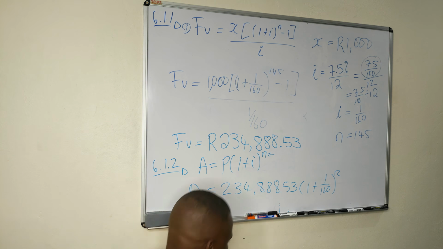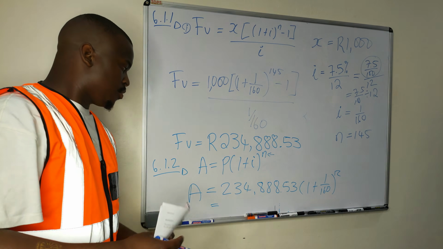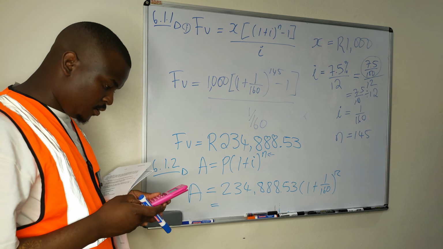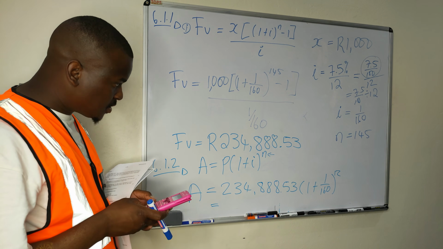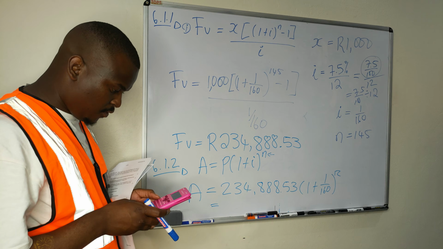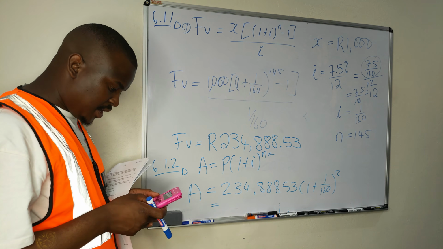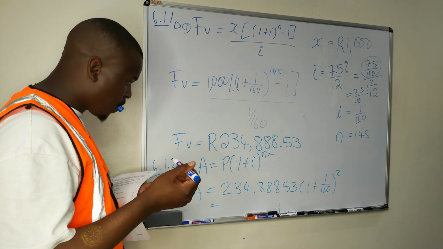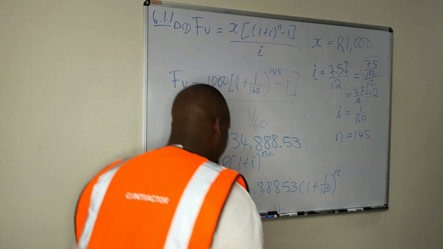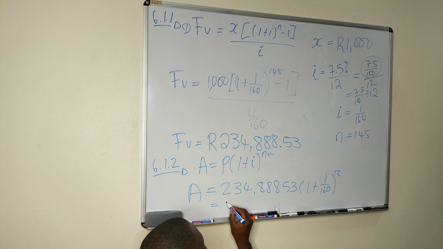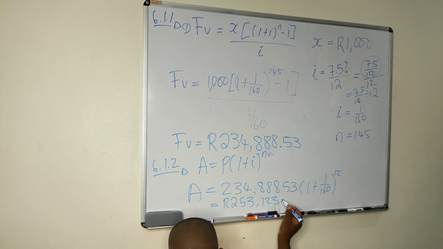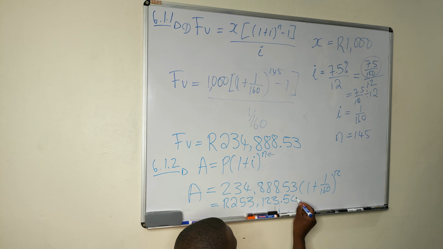And that's equal to, punch this on a calculator. What do we get? 1 plus 1 over 160 raised to 12, it's 253,123.54.